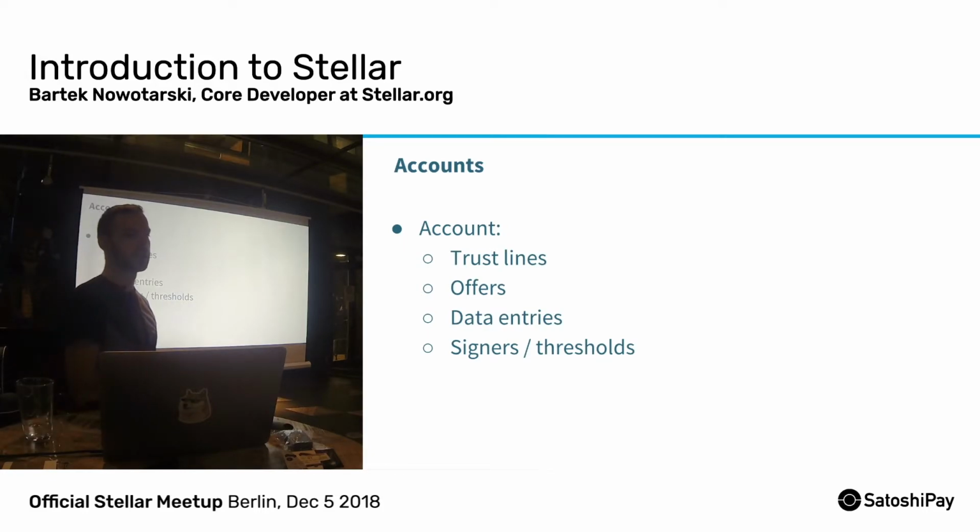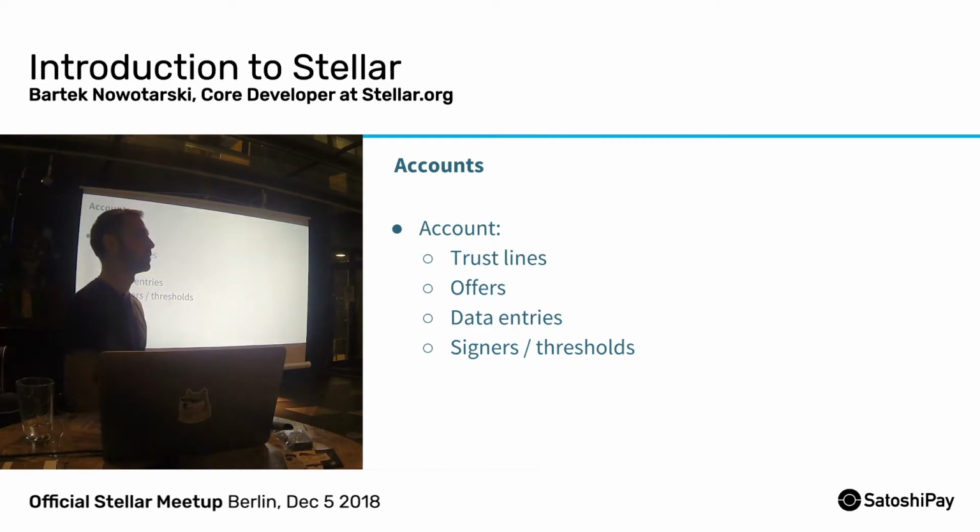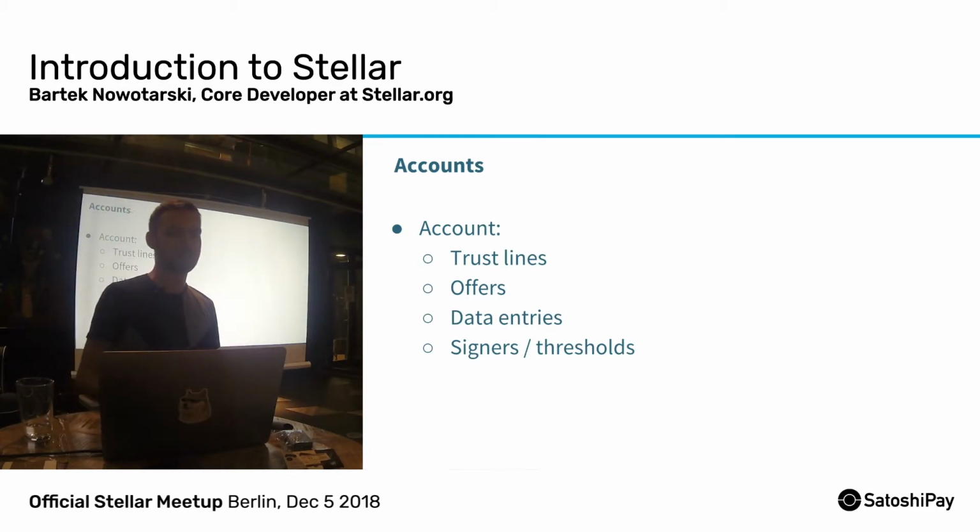Trust lines are basically assets that belong to a given account. Offers are the active offers this account created and submitted to the distributed exchange. Data entries are small chunks of data you can attach to any given account with some metadata or information, for example, to discover certain data about a given organization. And finally, signers, used in multisig.